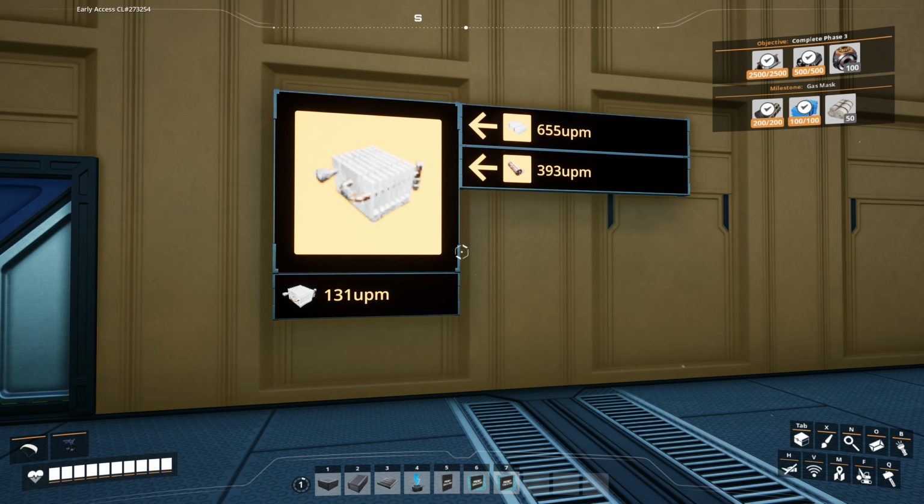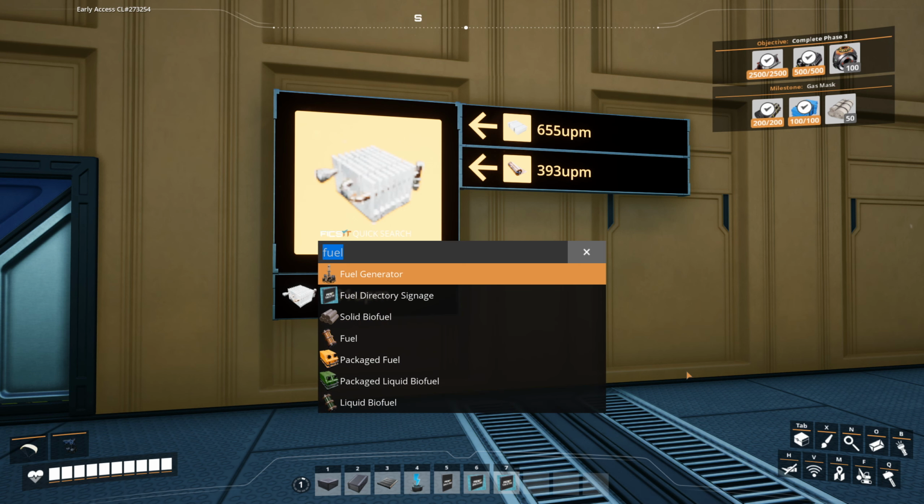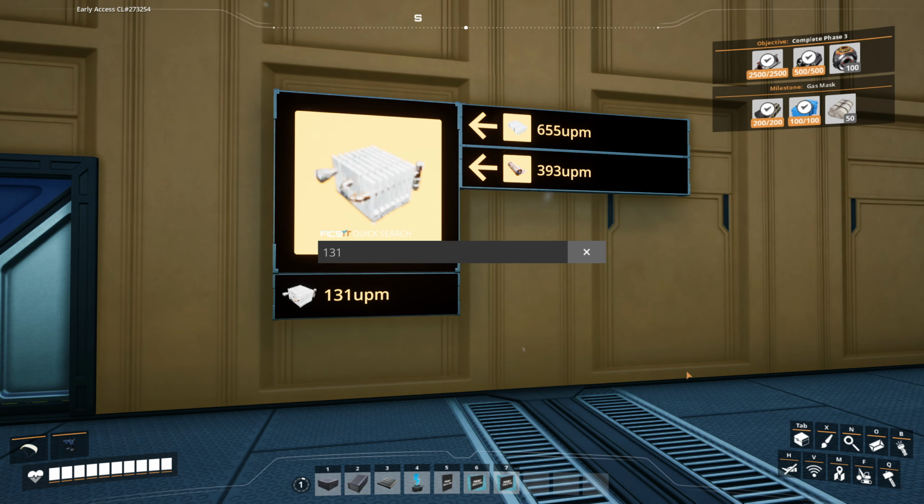Now this isn't being warehoused, so I don't have to subtract anything from that number. But we got 131 divided by 10 times 30, 393 units a minute of rubber.